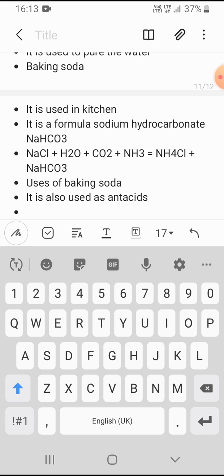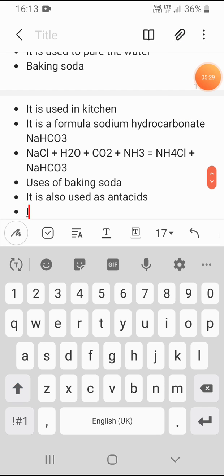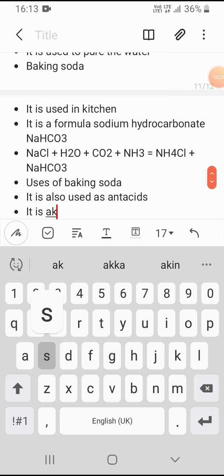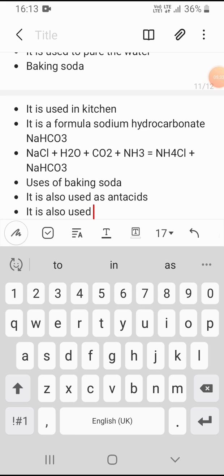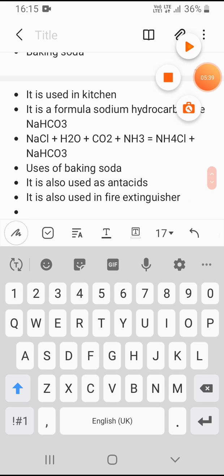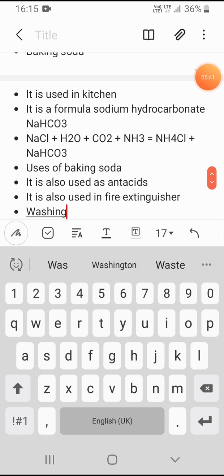When you have a stomach ache or gastric trouble and take an antacid, the pain goes away because it gets neutralized. It is also used in fire extinguishers.